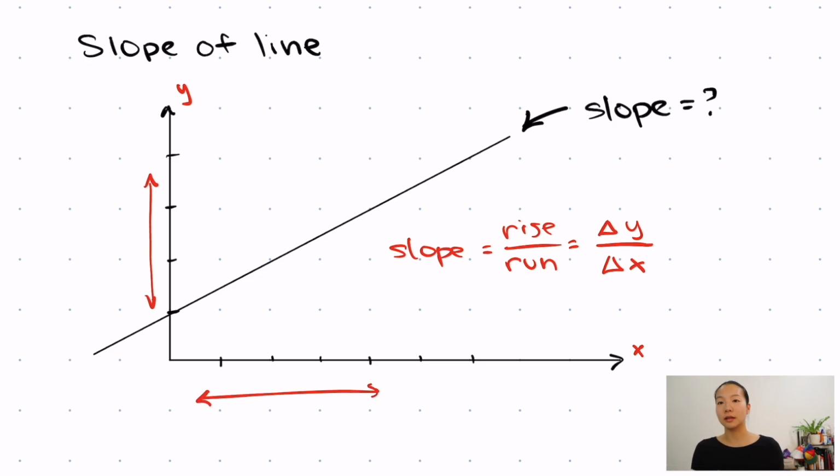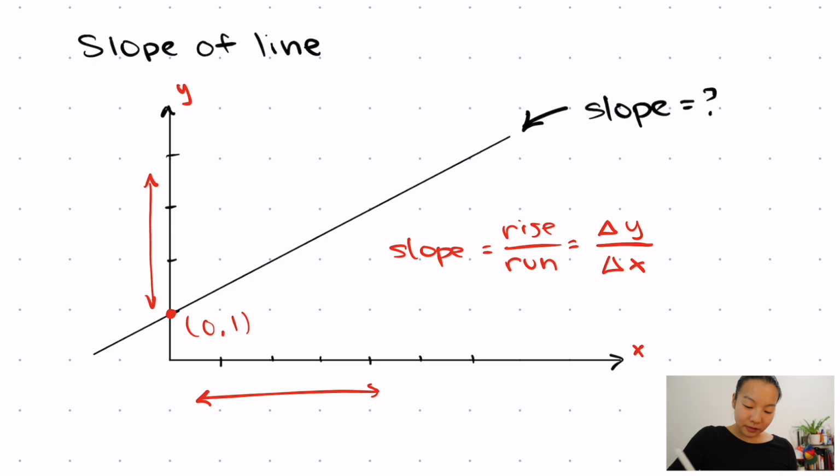So let's actually look at this line example that we have right here. Well, we know that this line is going to intersect our y-axis over here at x equals 0. So we know that this point here is 0 on the x-axis, 1 on the y-axis.